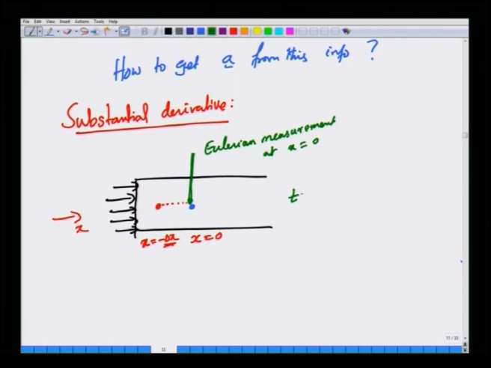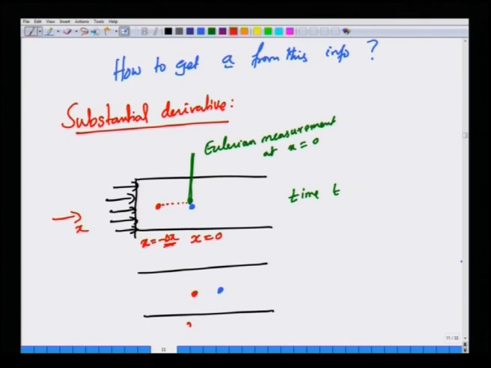At a later time t plus delta t, the blue point would have moved. So, I am going to draw it roughly at the same locations. The red point would have moved to where the blue point was at x equal to 0, and the blue point would have moved somewhere else.